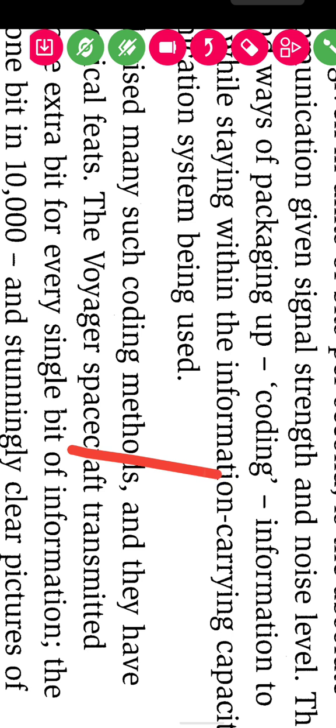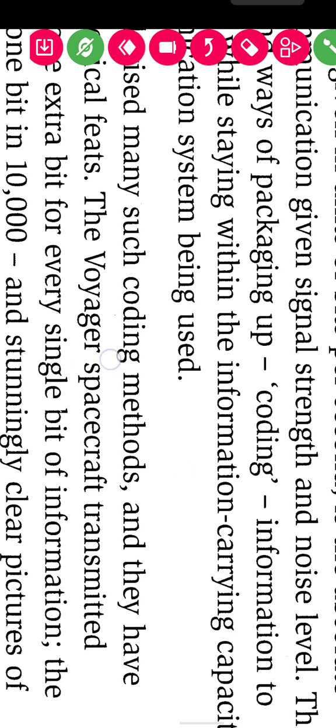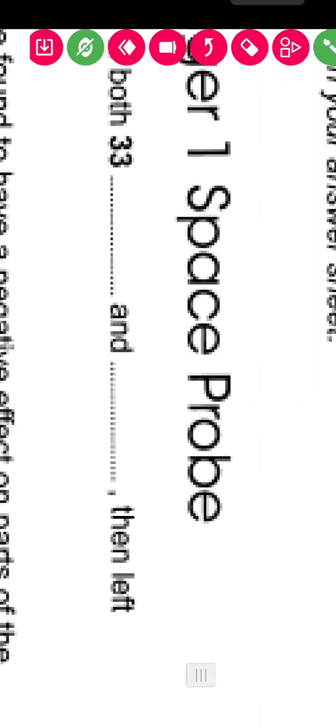Got it? So let's go to the next question, the last question that we have today, that is question number 40.